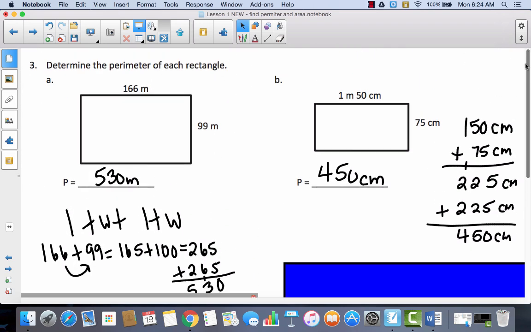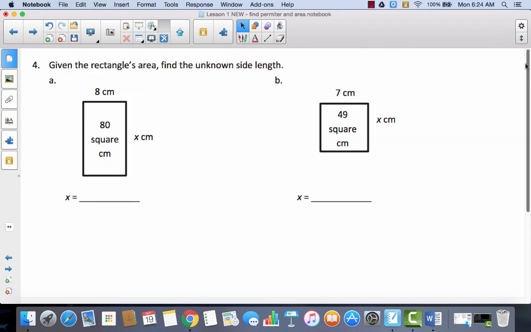All right, let's take a look at number 4. This time we're going to have to do a little bit of problem solving. It says, given the rectangle's area, find the unknown side length. So I know that the width is 8, but I don't know the length, but I know that the area is equal to 80.